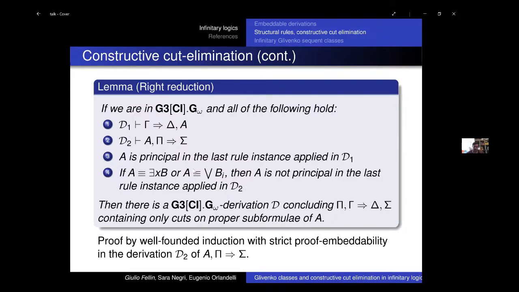If all this holds, then there is a derivation in the calculus that we are considering, concluding pi, gamma arrow delta, sigma.